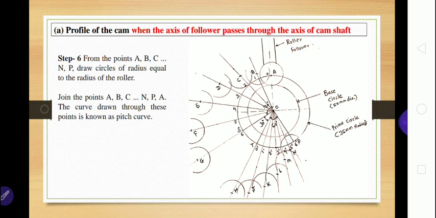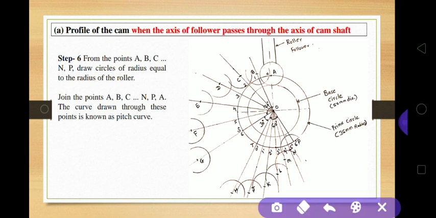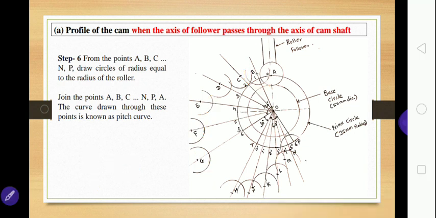So the radius of the roller given in this problem is, I think, 10 mm. So with the help of this 10 mm, draw the follower at each point here. At each point with that radius, draw the followers, so that you will represent all the followers for all these points. You can draw complete circles, or you can draw such kind of half circles also, no problem. You can draw these half circles also from each point.